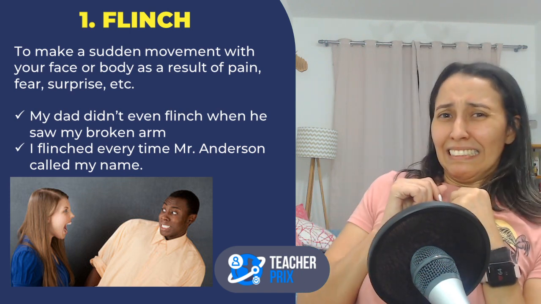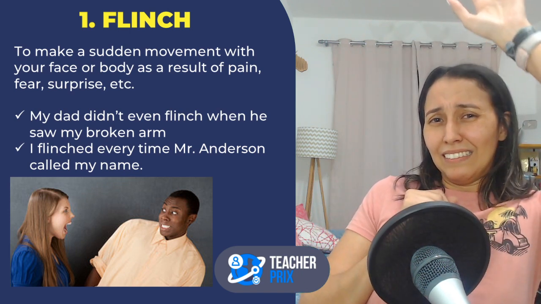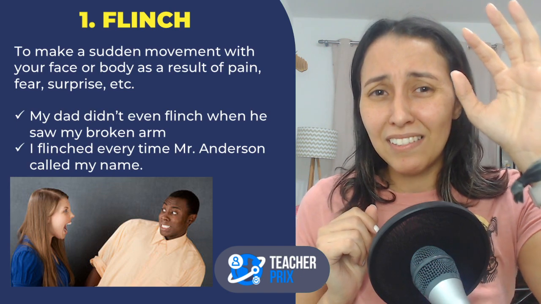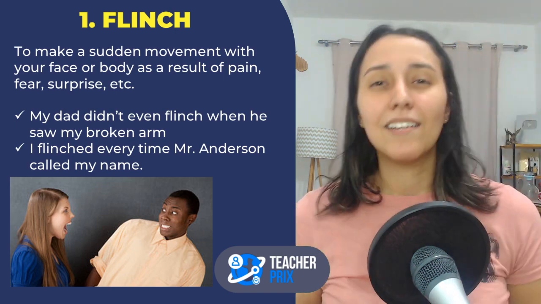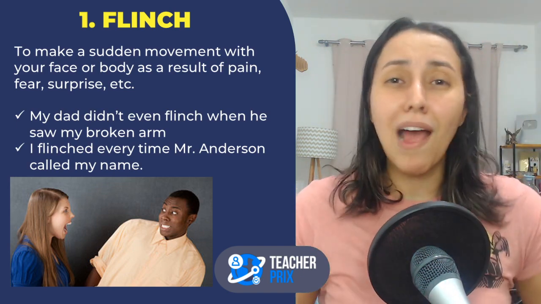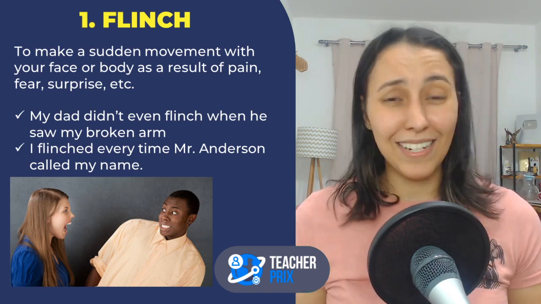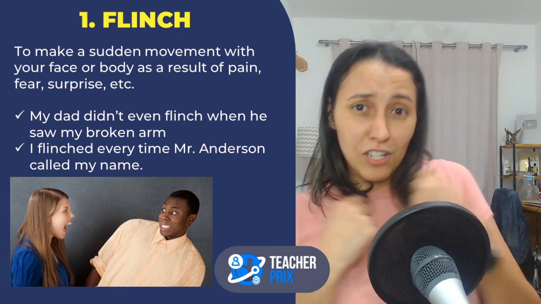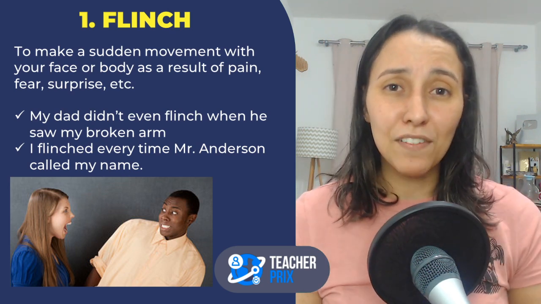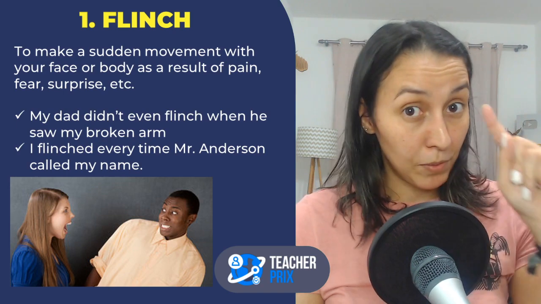I was like, "Me? What do you need? Yes? Please, not me." So I would flinch in surprise, in agony, in fear, because I didn't know anything about chemistry. Okay? So this is the first verb. It is a very, very common one.